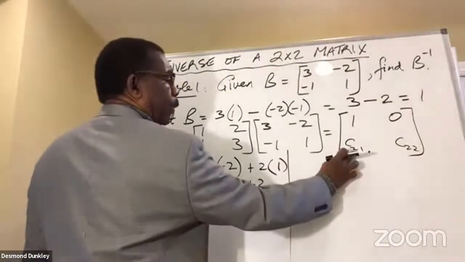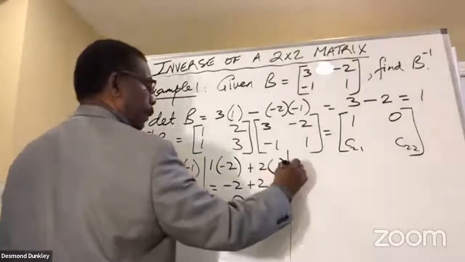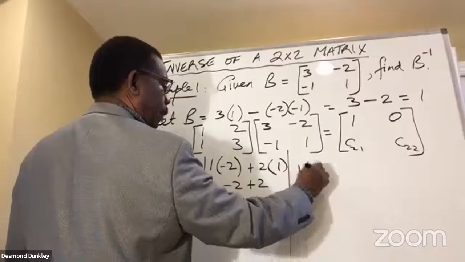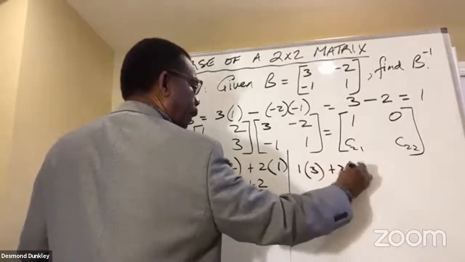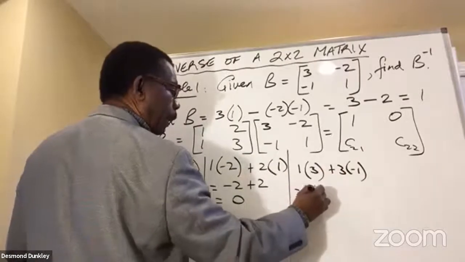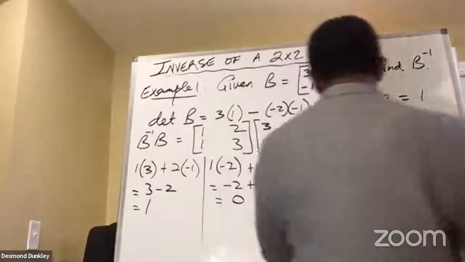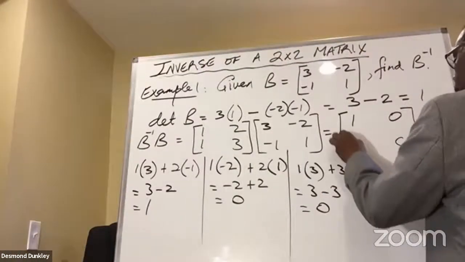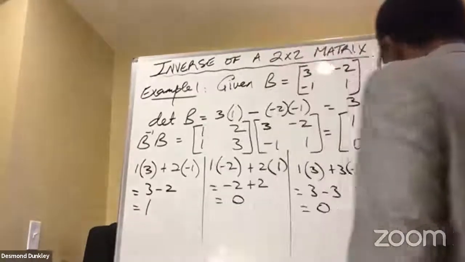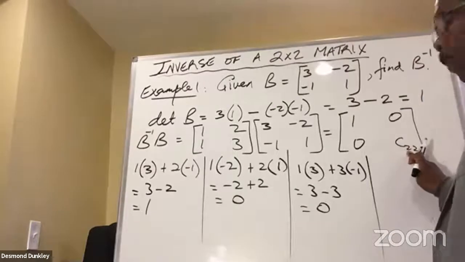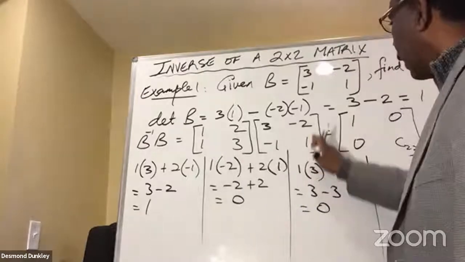Now we go to the second row, first column. It's going to be 1 times 3 plus 3 times -1 equal to 3 minus 3 equal to 0. And finally, second row, second column.